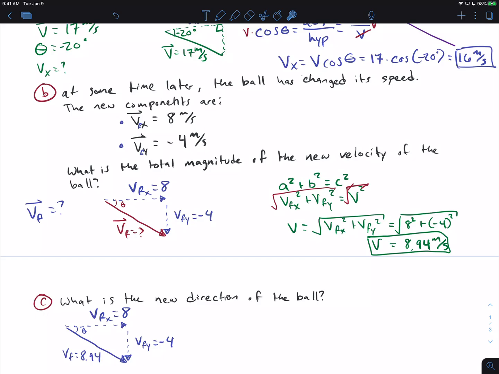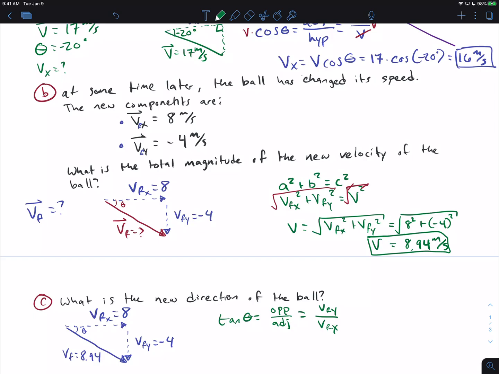So the one that I'll use here, because we already used cosine earlier, and I kind of like to use it, I'll use tangent. So let's say here, I'm going to say that tangent of theta is opposite over adjacent. Okay, and then here for our triangle, what that means for us is VFY over VFX.